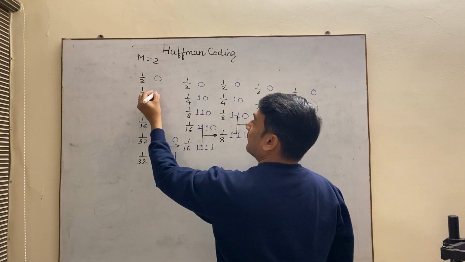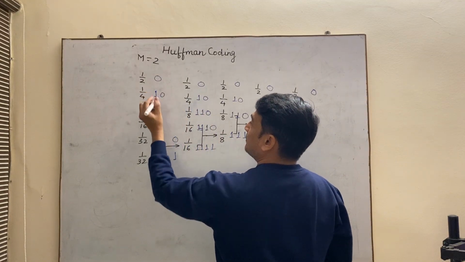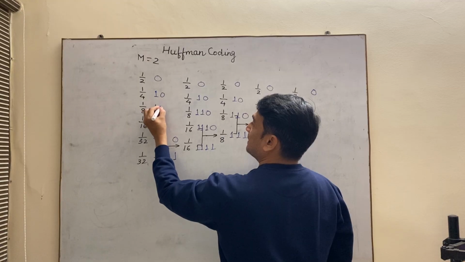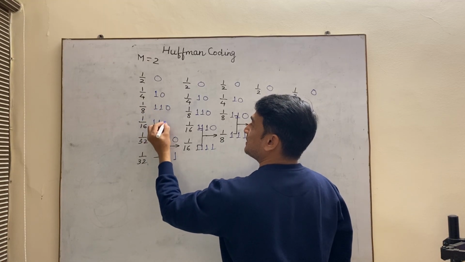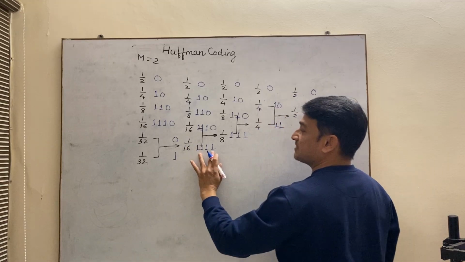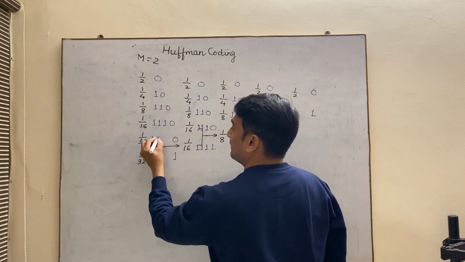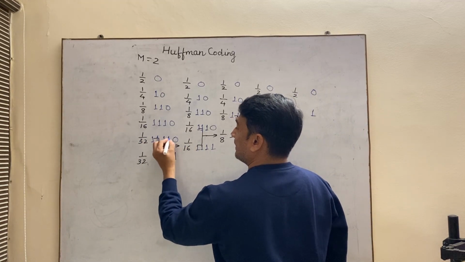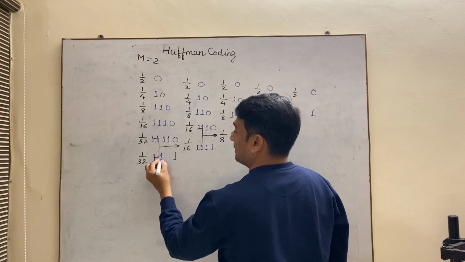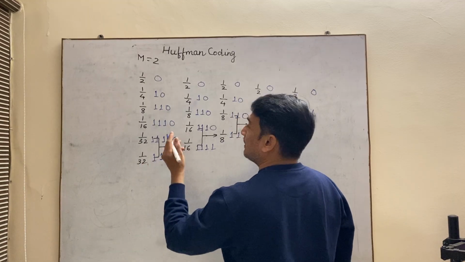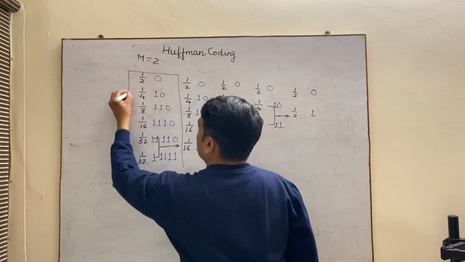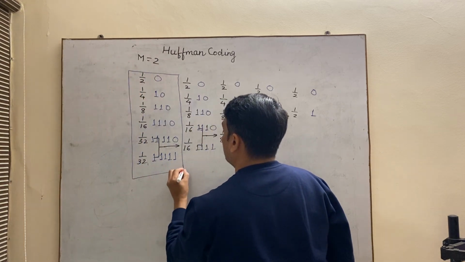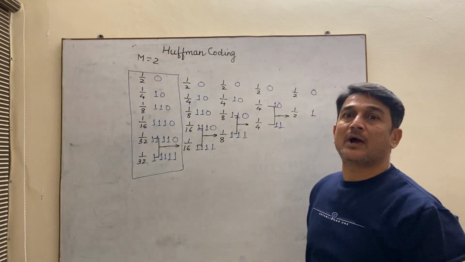Again moving forward, this is 10, this 1 by 8 is 110, this 1 by 16 is 111, and this 4 ones I will write in front of this. So this column now is the final code which we require.